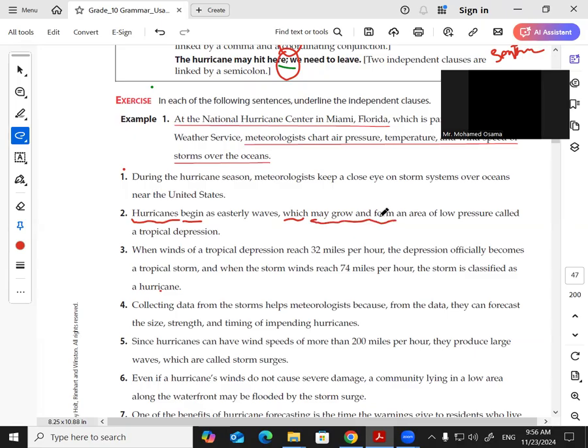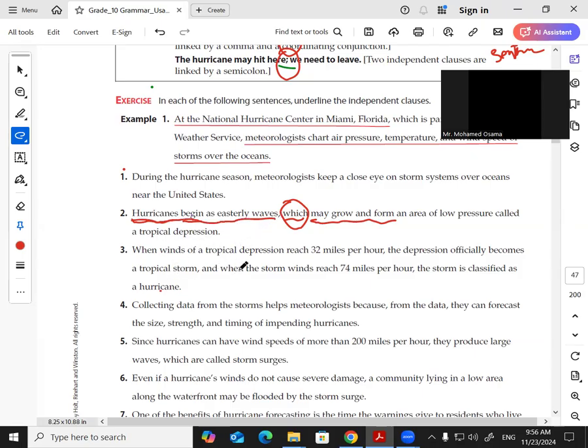We have a compound predicate, a compound verb. So here we have a subject and a verb, but at the end I didn't receive a complete thought because of which. So we can consider the first part the independent clause, which can stand alone.